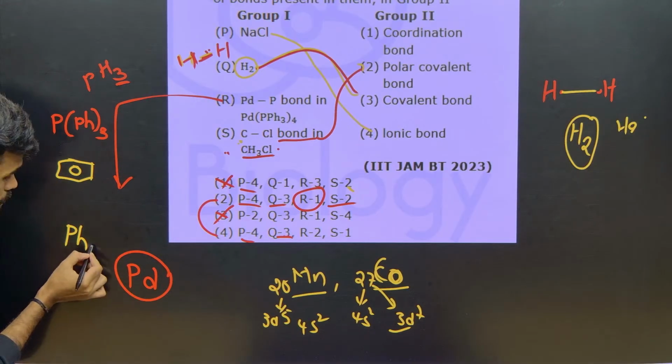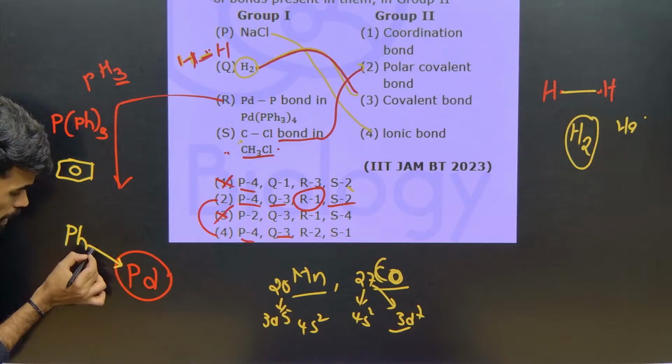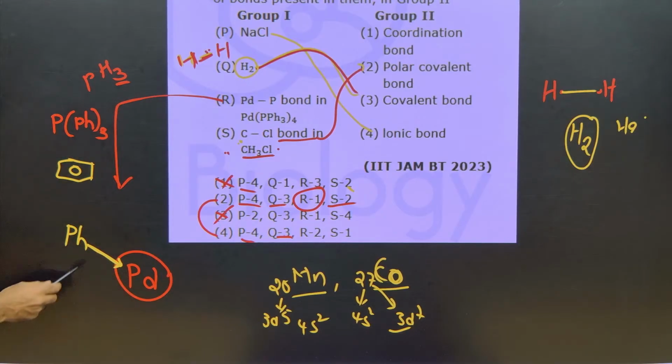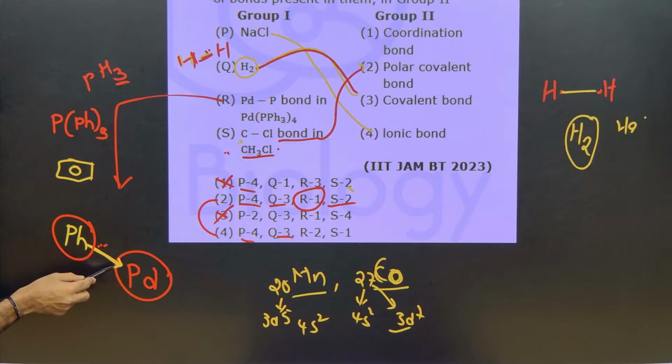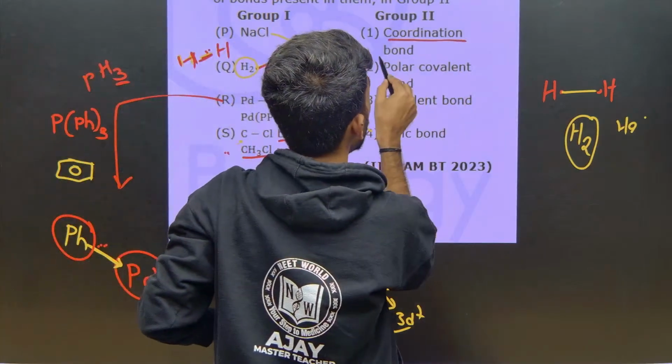Now these will be donating electrons to palladium. I have indicated an arrow mark from the phenyl group to palladium side, so the 2 electrons are coming from where? Only from the donor. So what type of bond should I call it? Dative bond or coordinate covalent bond. And here it is mentioned as coordination bond.